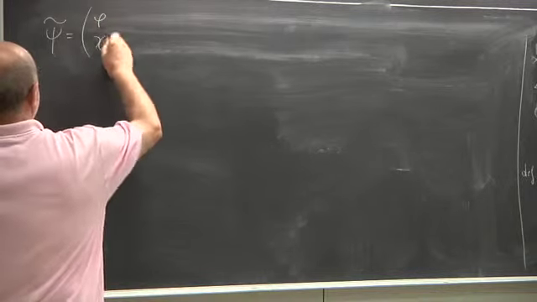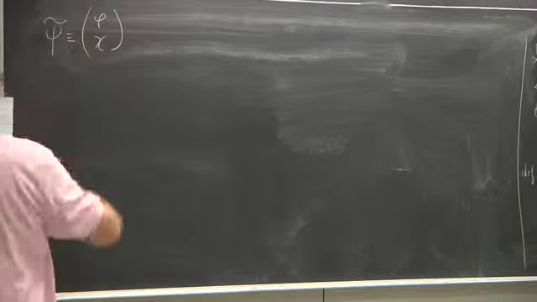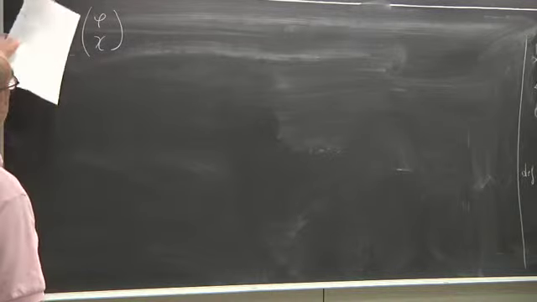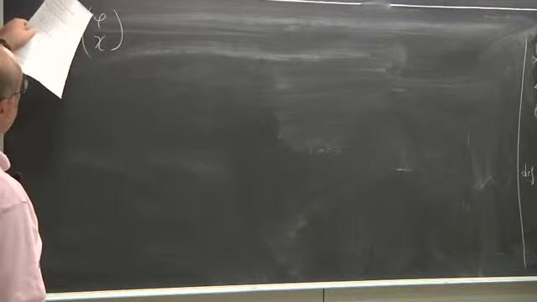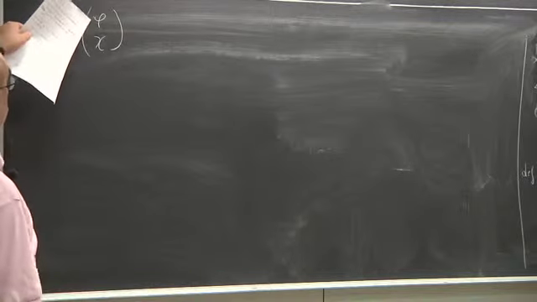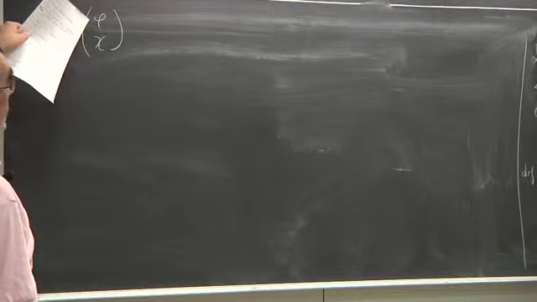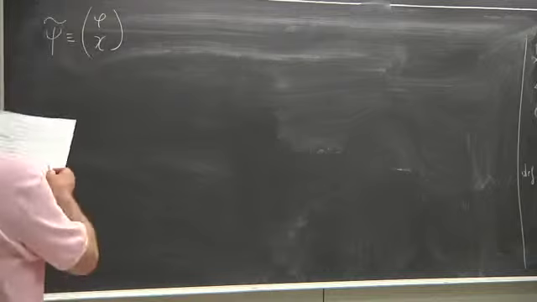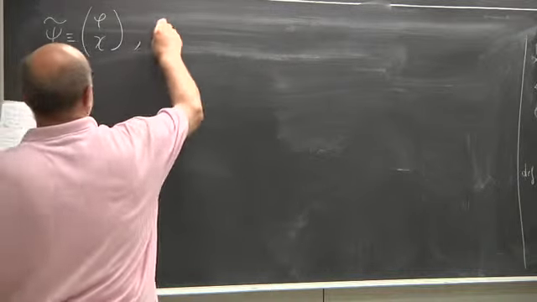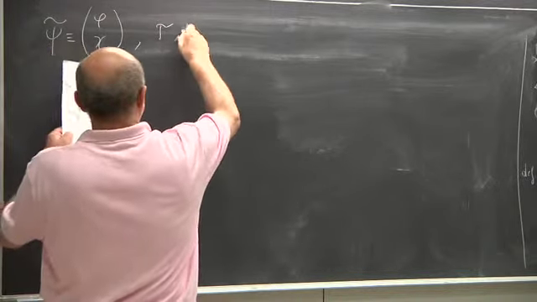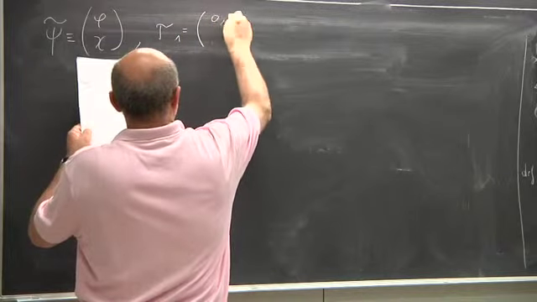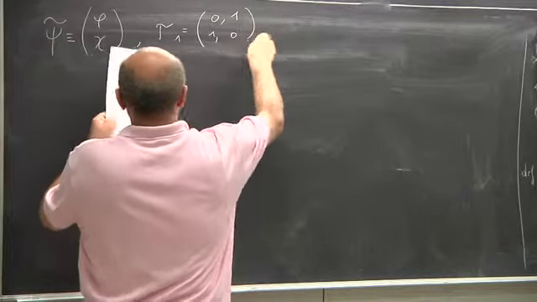So let's do the same. Let's introduce this new field, psi tilde, a two-component field, basically a vector whose upper component is phi and lower component is chi.